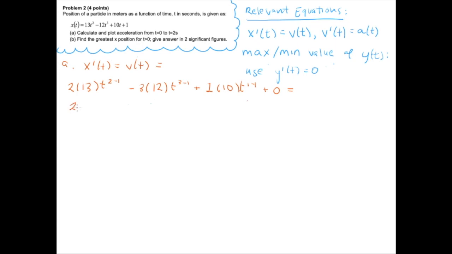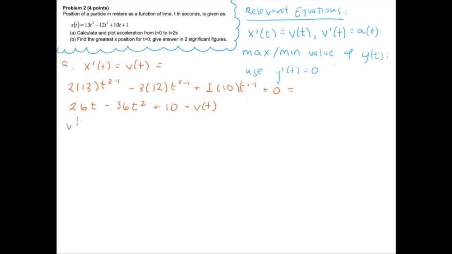All right, so our velocity is given by 26t minus 36t squared plus 10.